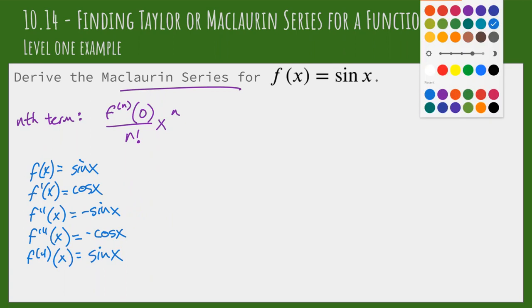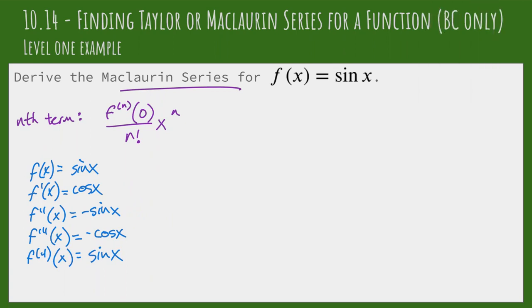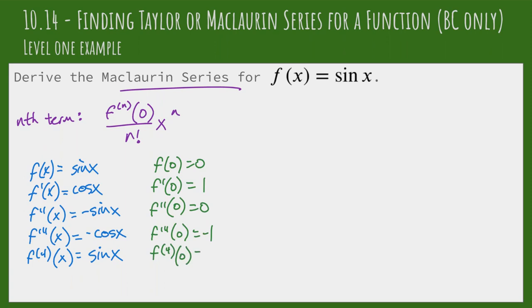Then we want to evaluate each one of these at x equals 0. So f of 0 is 0. f prime of 0, cosine of 0, is 1. The second derivative at 0 is 0 because sine of 0 is 0. The third derivative at 0 is negative 1. The fourth derivative at 0 is 0. And so you may notice here that every other one of these is 0.